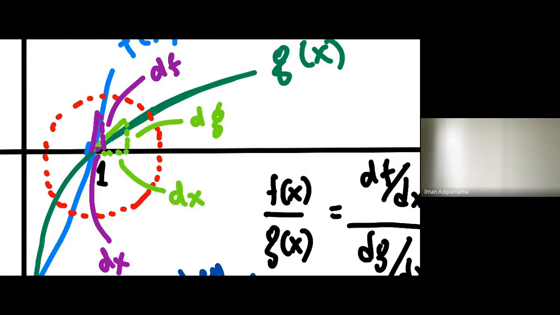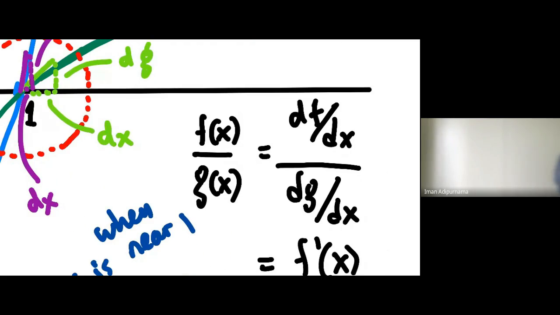So when we have f over g and it's going closer to the point 1 here, it will have the same proportion as its slopes. That's from some of our observations from the graph.